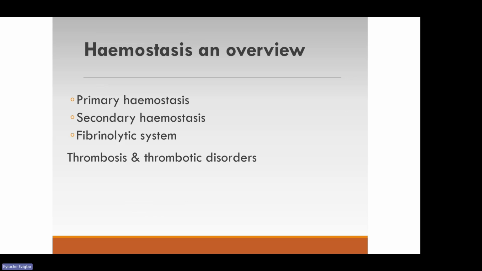So taking the first aspect of this part A, hemostasis and overview, we have primary hemostasis, secondary hemostasis, the fibrinolytic system, and thrombosis and thrombotic disorders.